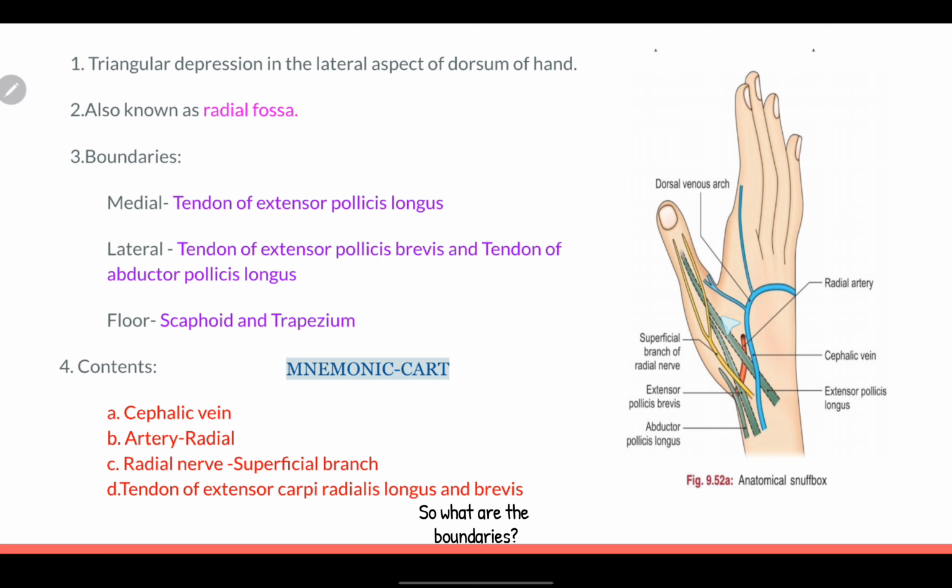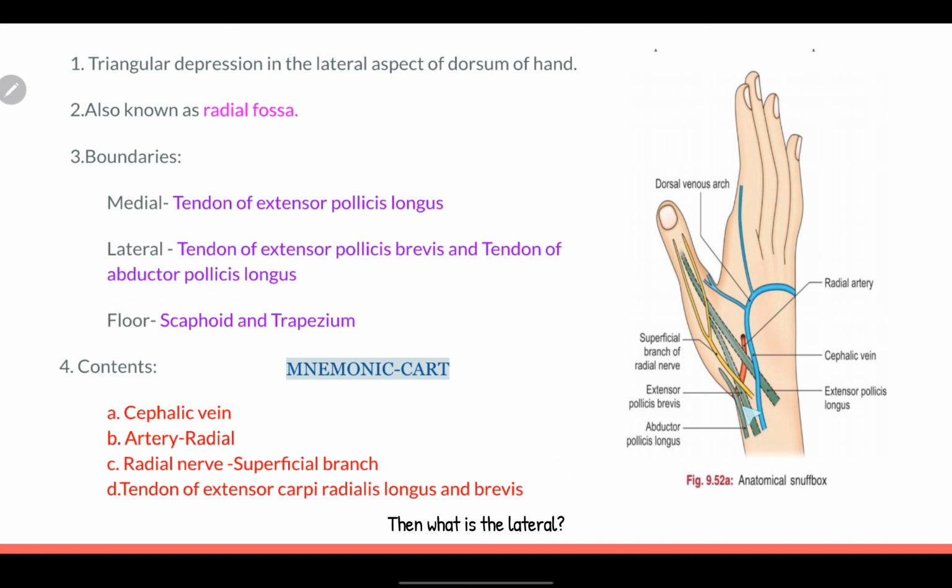So what are the boundaries? This triangular region is the anatomical snuff box. Medially, you can see the tendon of extensor pollicis longus.